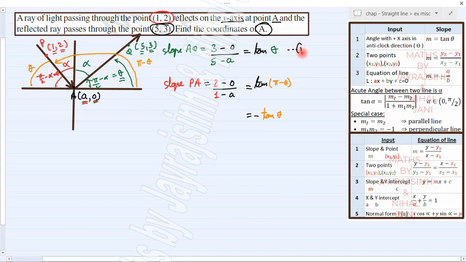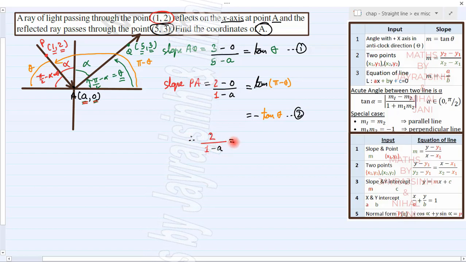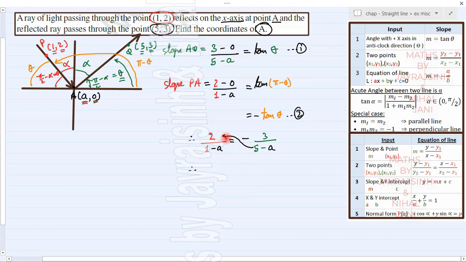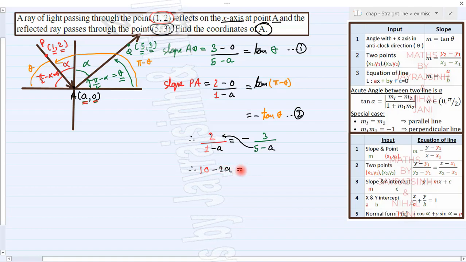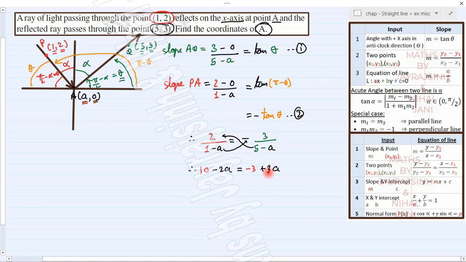So if we compare equation number 1 and 2, we will get 2 upon 1 minus a is equal to minus of 3 upon 5 minus a. Now let's cross multiply. 5 minus a multiplied by 2 will give us 10 minus 2a is equal to 1 minus a multiplied by minus 3 will give us minus 3 plus 3a.